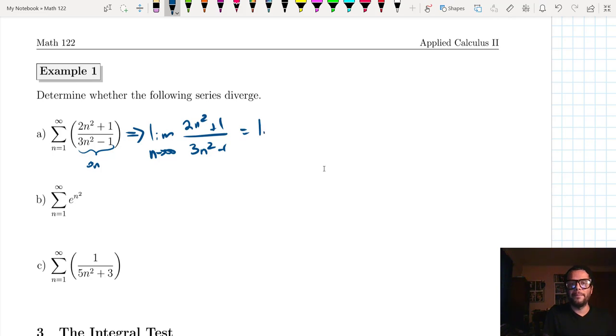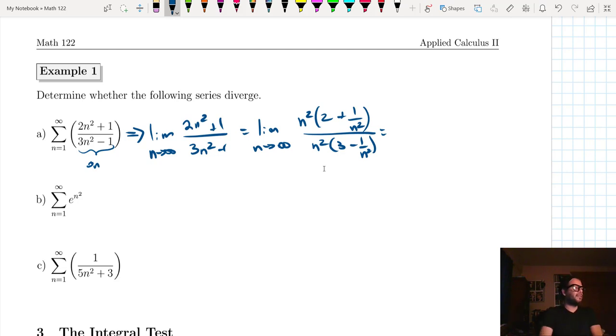We are going to factor out the highest power in the numerator and denominator: n squared times (2 plus 1 over n squared), then divide that by n squared times (3 minus 1 over n squared).